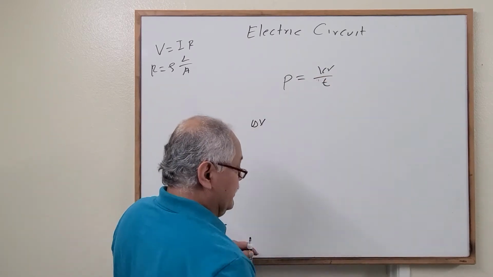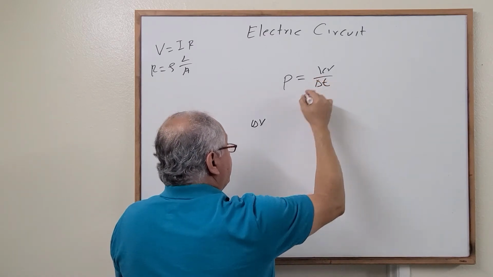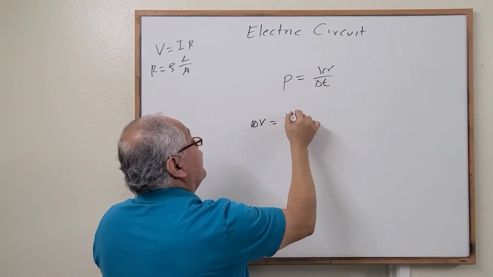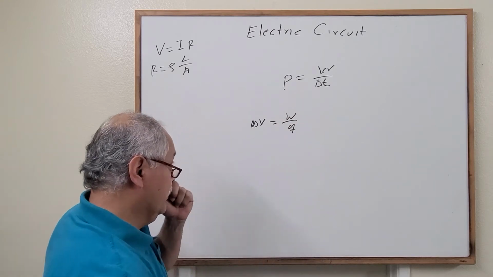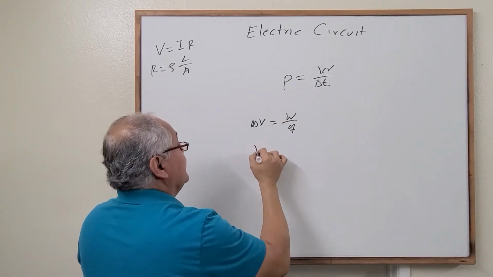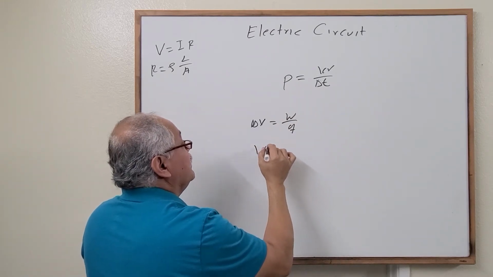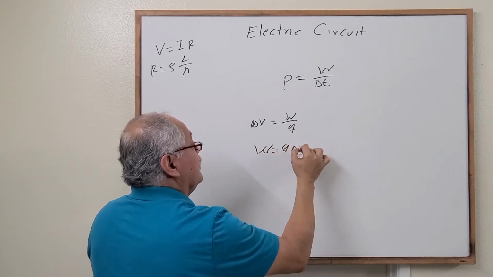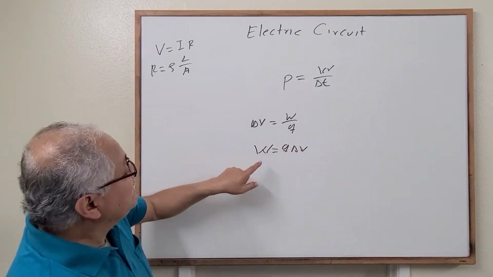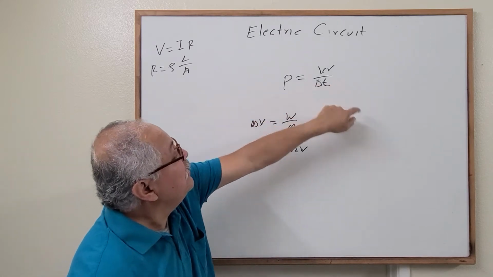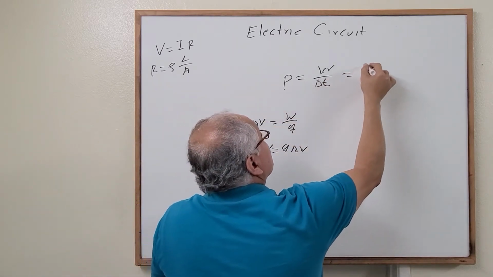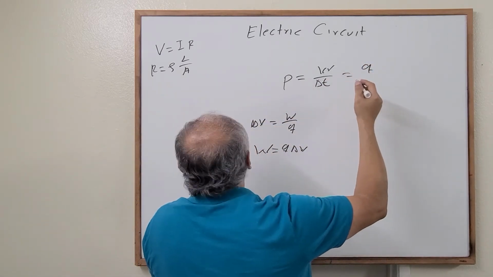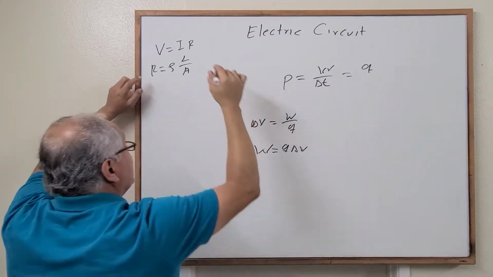Potential difference is equal to work divided by the unit charge. From here, we have that work is equal to charge times potential difference. Let's substitute this value right here, and what do we have? This is equal to charge, correct? We define first current.